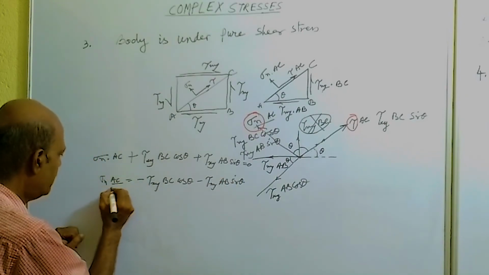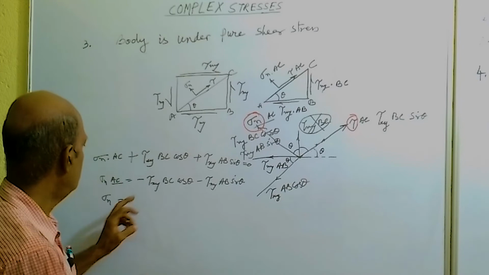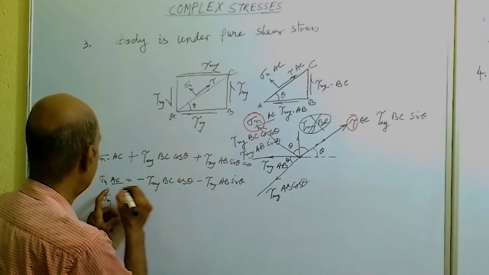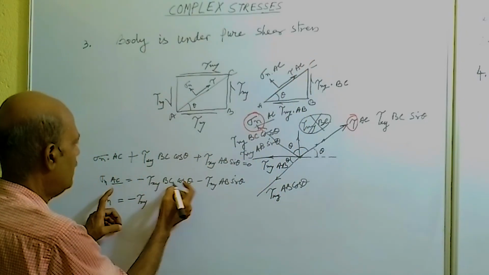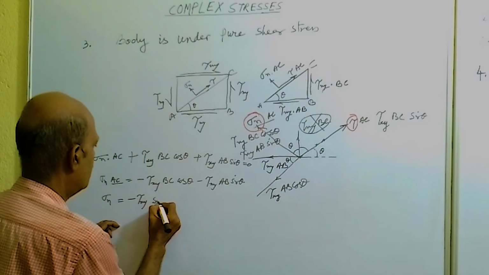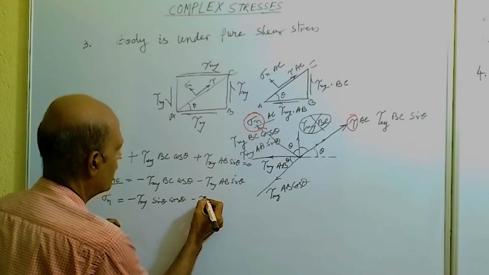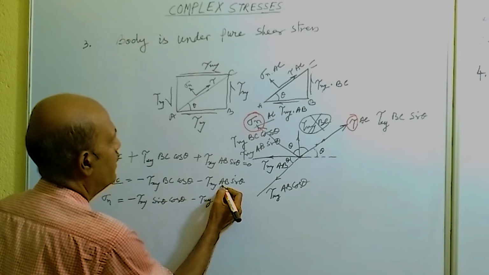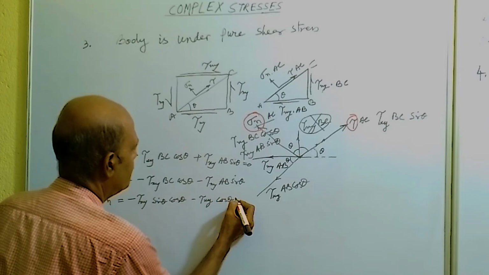Now dividing by AC, we get sigma n equal to minus tau xy into BC by AC. So BC by AC, that is sin theta, into cos theta, minus tau xy into AB by AC, that is cos theta, into sin theta.